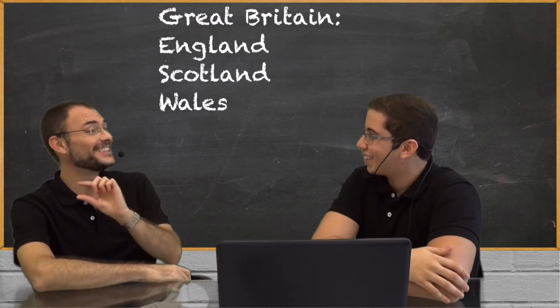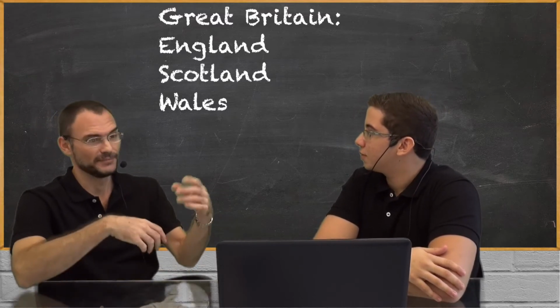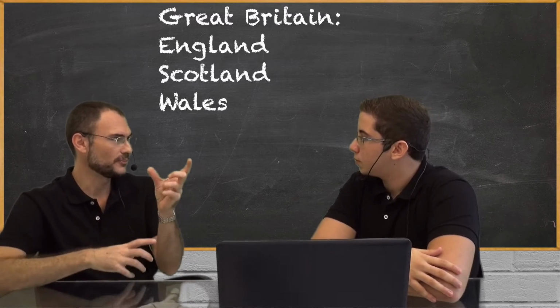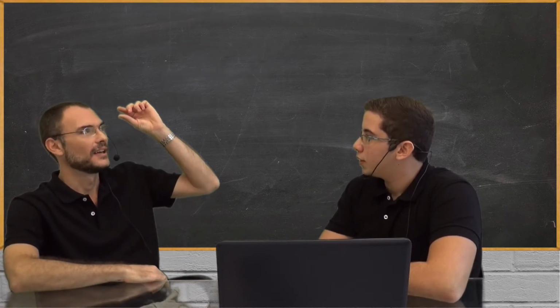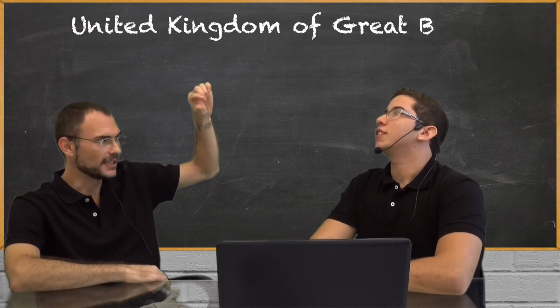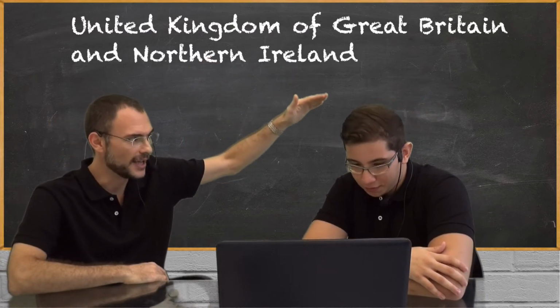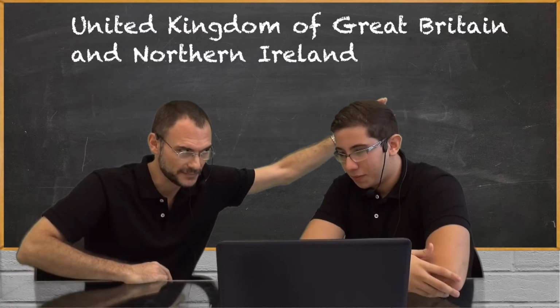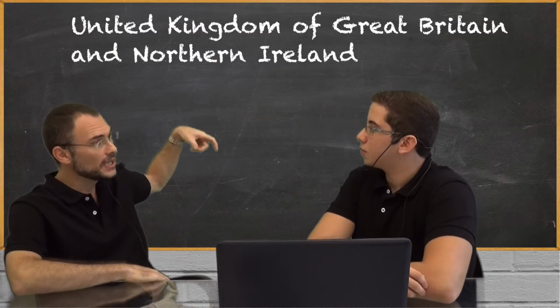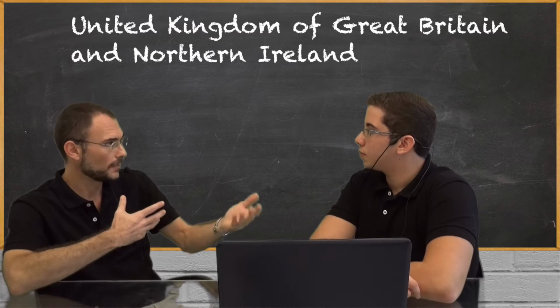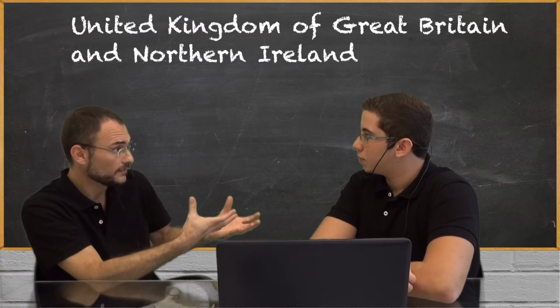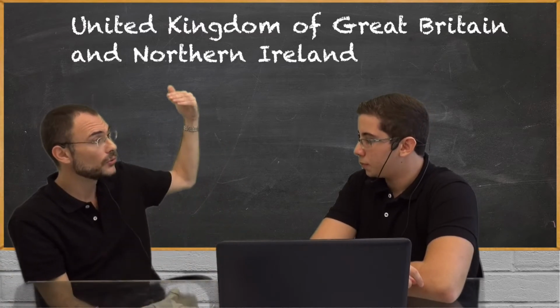And the United Kingdom is actually a short way to say The United Kingdom of Great Britain and Northern Ireland. So those three countries making up Great Britain, plus Northern Ireland.